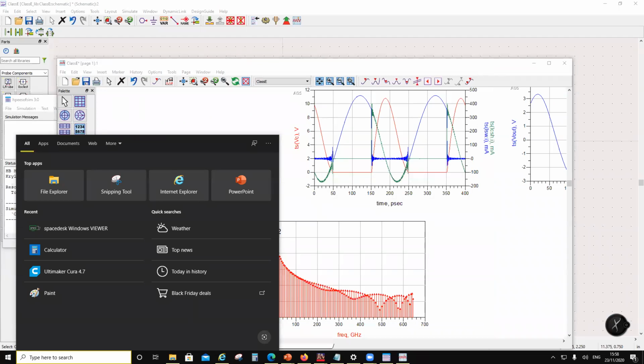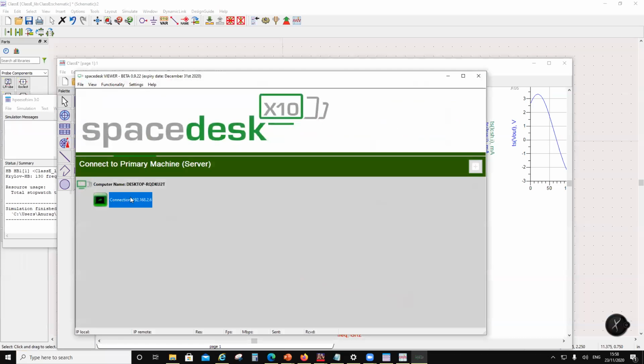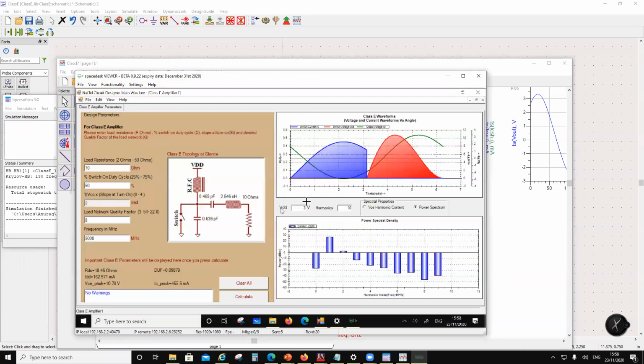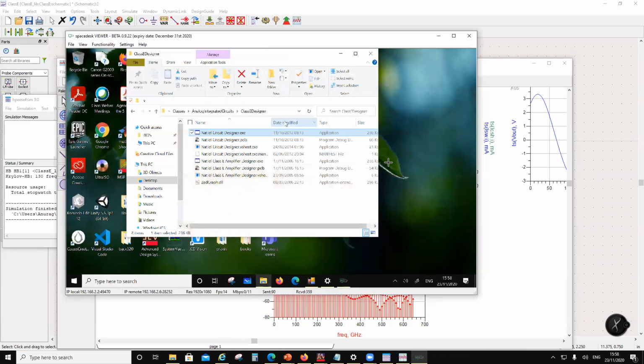Let me open again. Space test view. Okay. So now if you want to see the equations for this software, instead of exe, I would have to open this in C#.